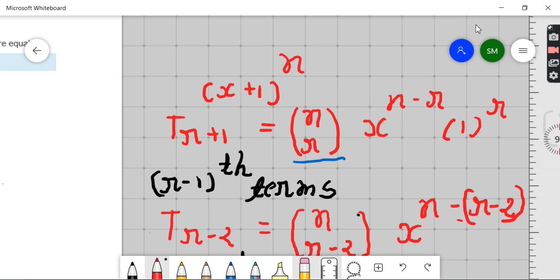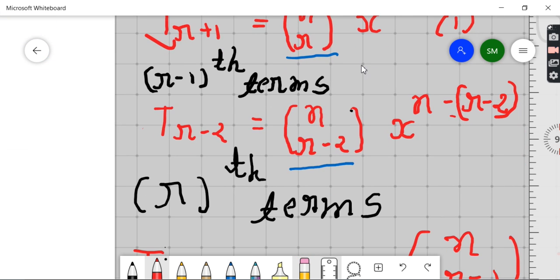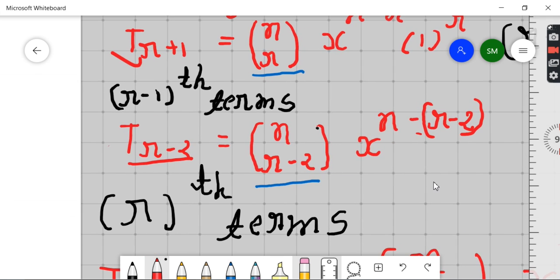So nCr x raised to (n-r), this is my rth term that you know very well. But now I am interested in the (r-1)th term. If you want to find out the (r-1)th term, then here it should be r-2, so you will get nC(r-2) x raised to (n-r+2).